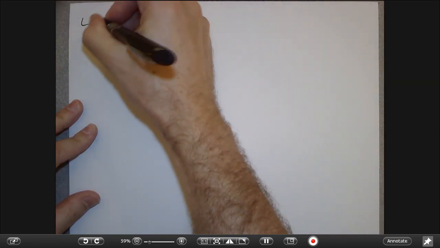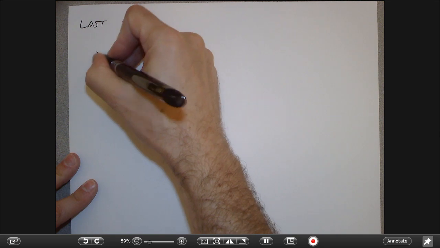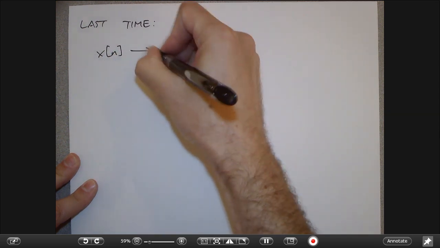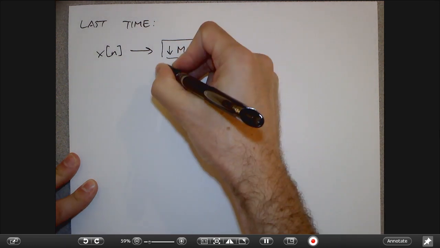Okay, so to recap from last time, we were talking about what happens when I change the sampling rate of a signal, right? Last time we talked about two new blocks. One was what I would call the downsampler or the compressor.